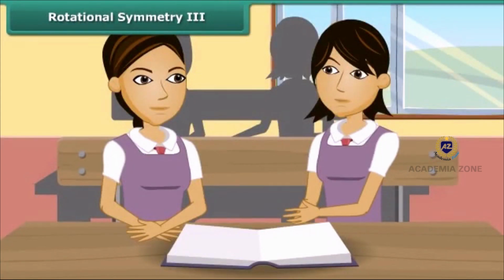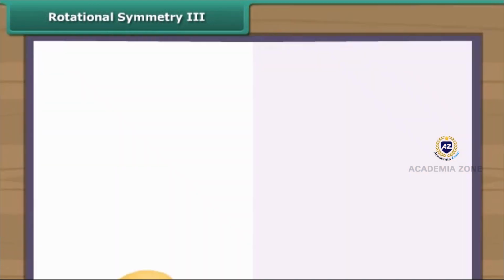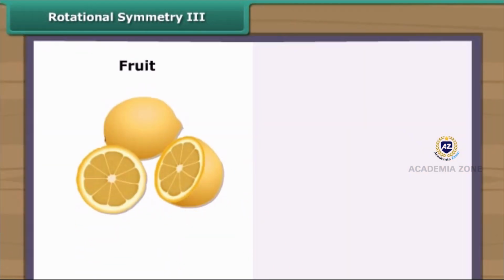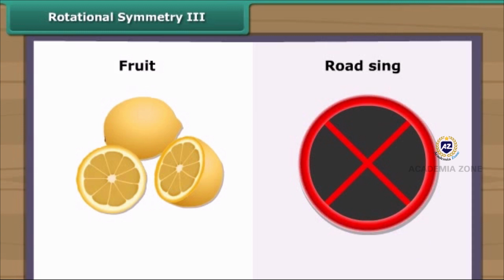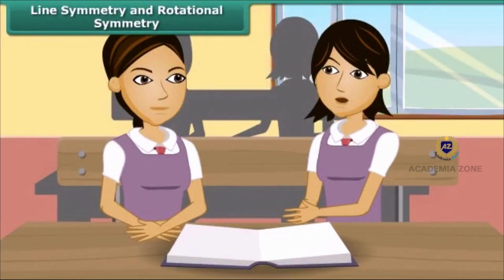Priya, can you tell the shapes around us which have rotational symmetry? Yes. When we slice certain fruits, the cross sections are shapes with rotational symmetry. There are many road signs that have rotational symmetry. Do you know which the most perfect symmetrical figure is?